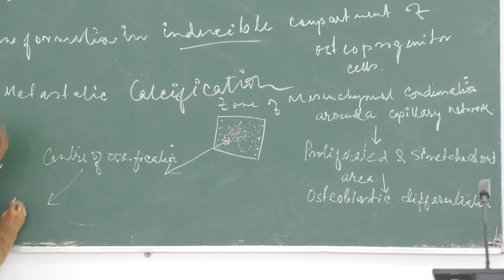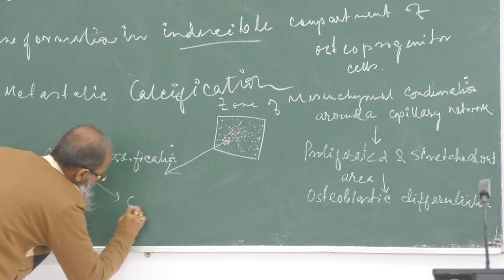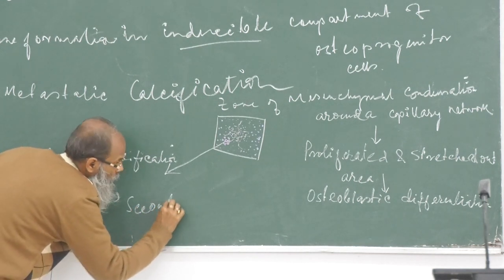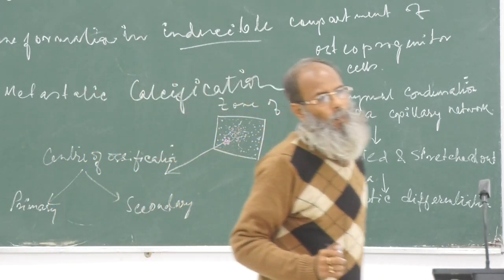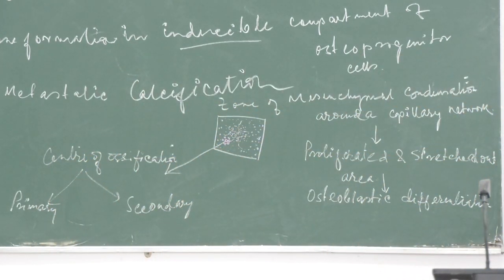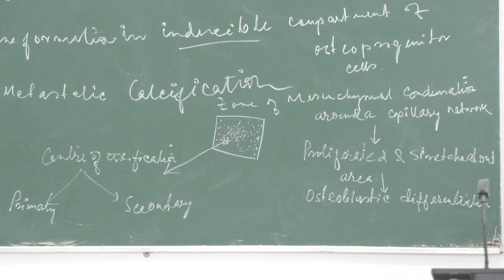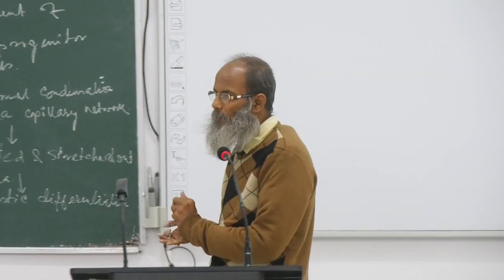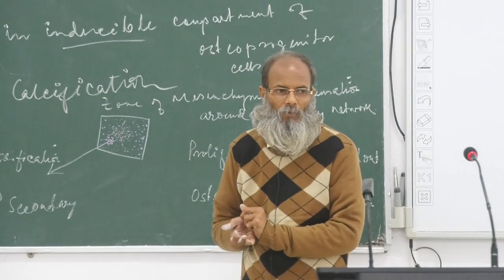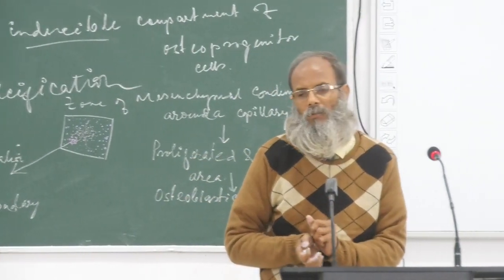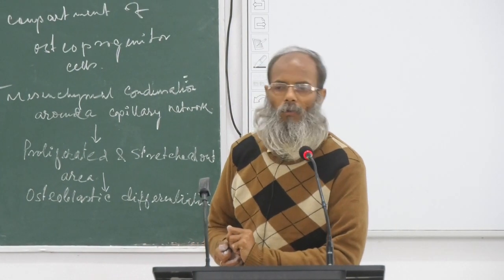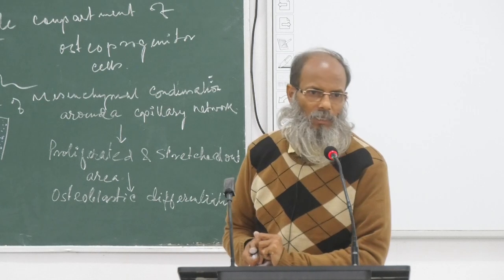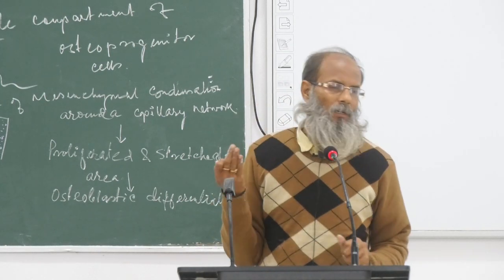ঠিক আছে, it can be primary, that appears before birth, it can be secondary, that appears after birth. নর্মালি প্রাইমারি সেন্টার্স অফ অসিফিকেশন appears before birth and secondary center of ossification appears after birth. There is exception. Upper end of femur, upper end of tibia, as well as the carpus and tarsus bones.